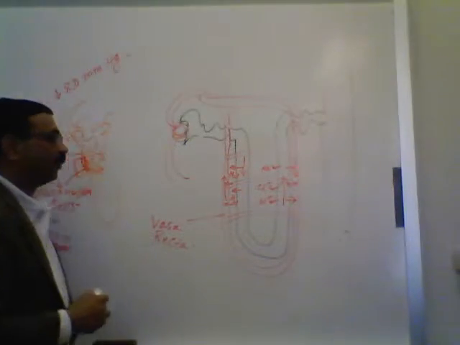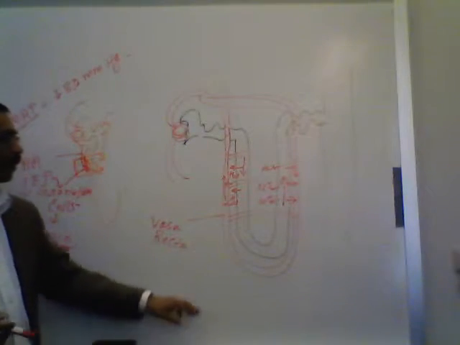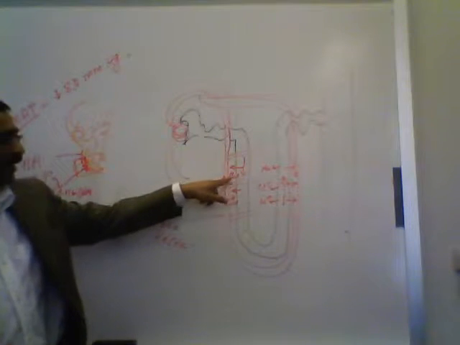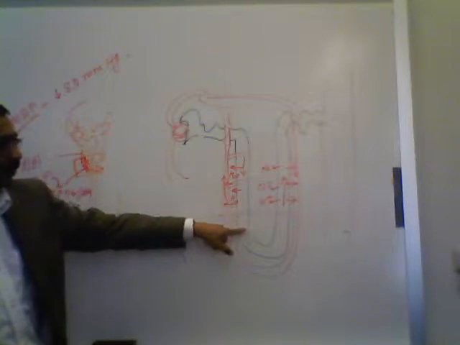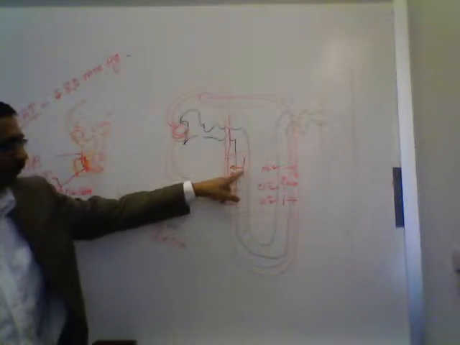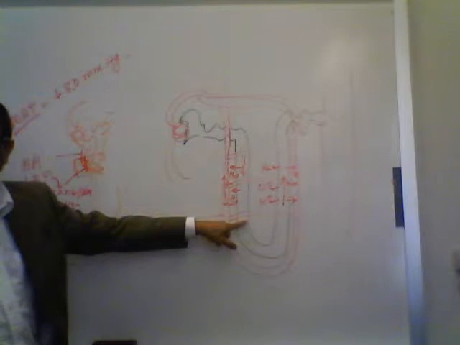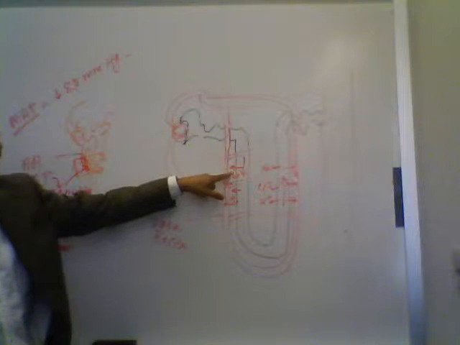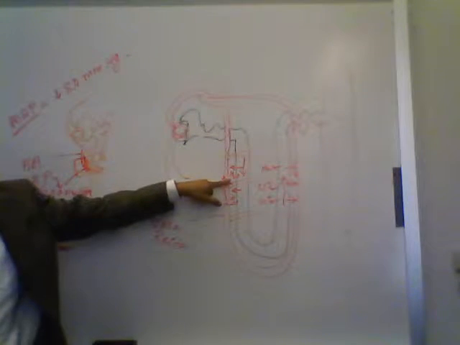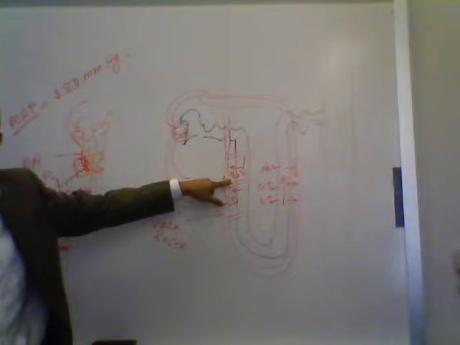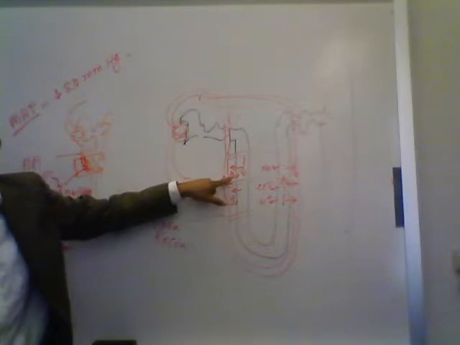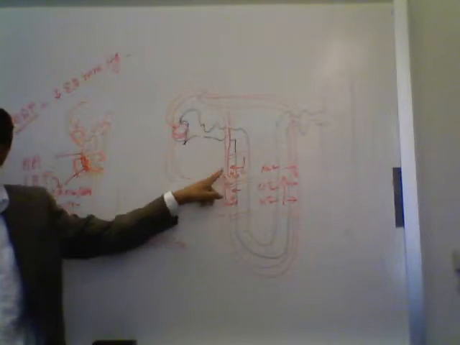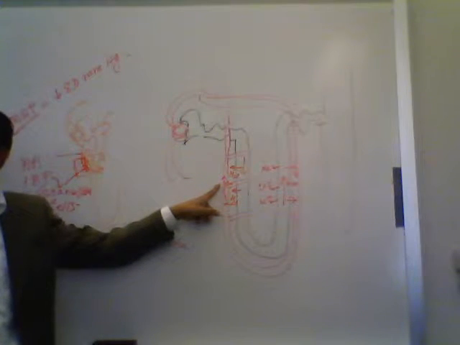Okay. Now you tell me, when water leaves here, does the concentration go up or down? Up, right? Because water is leaving. But when water enters the capillary blood, the blood concentration will go down because water is getting in, right? Water is leaving here, but water is getting in quickly.